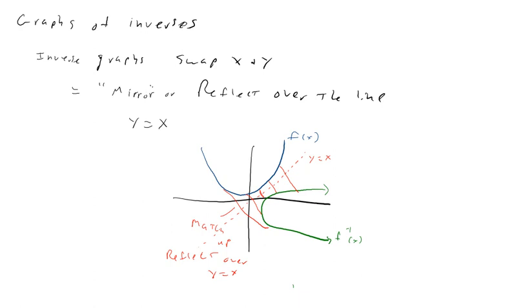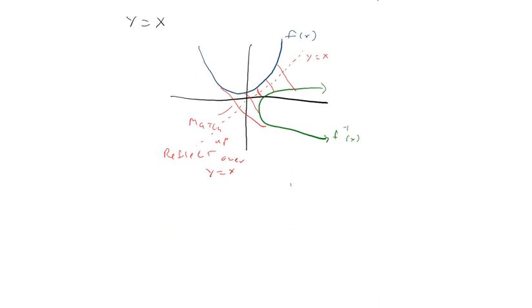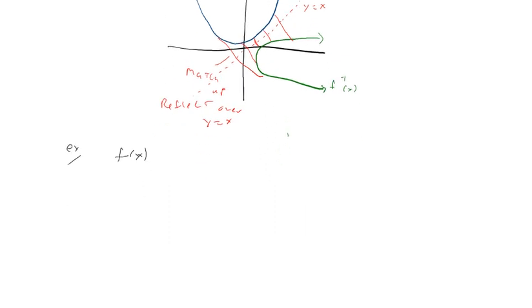So that's how we can do graphs of inverses. We can also swap their x's and y's. For example, if I give you a function here, with 1, 2, 3, 4, 5 up, down, left, and right, let's say I have a function with points here, here, here, and here.